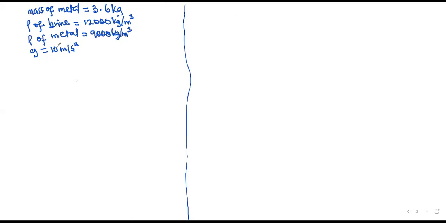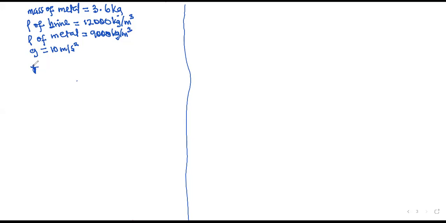In air, the reading of the balance is equal to its apparent weight, and that is also equal to the tension in it. So in air, the reading must be equal to its weight.